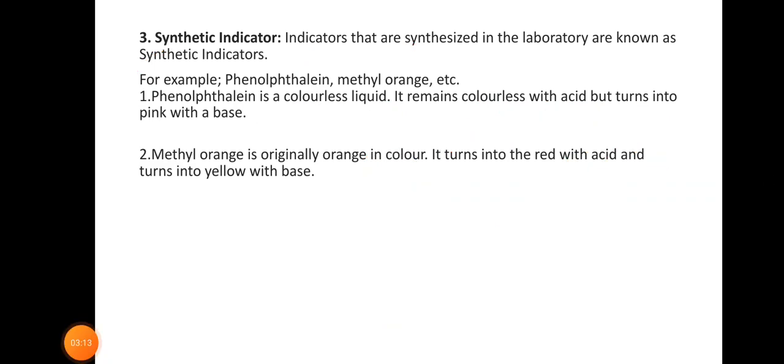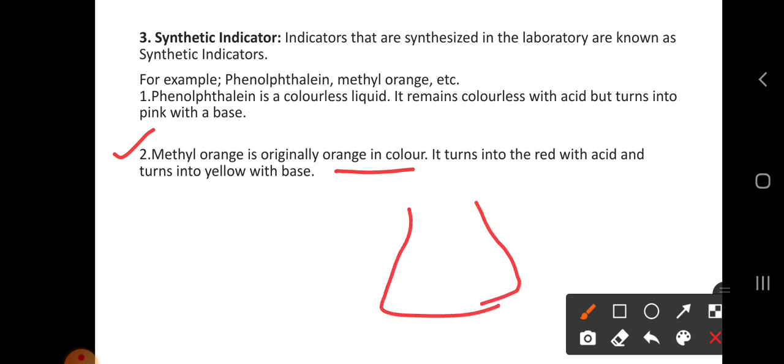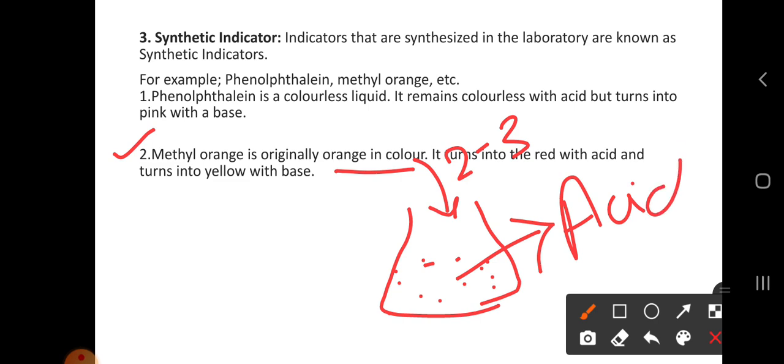Now let us understand the next concept, methyl orange. Methyl orange is originally orange in color, as the name indicates. Same situation: if you take the substance in a conical flask and add 2 to 3 drops of methyl orange, and it turns red, then it is an acid.